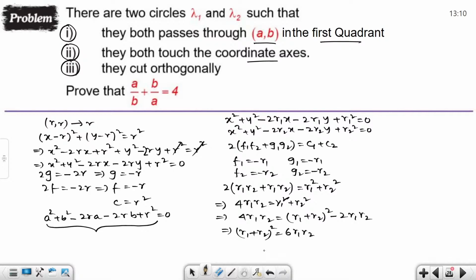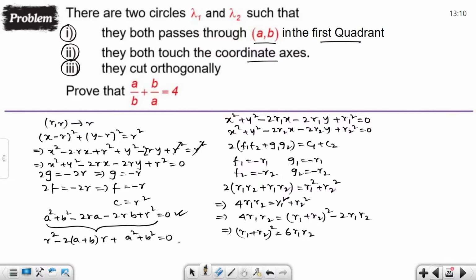Am I correct? Now let us come to this equation again. I can write this equation as a quadratic equation in R. Look at it carefully. It is r square minus 2 times (a plus b) into r plus a square plus b square, which equals 0.